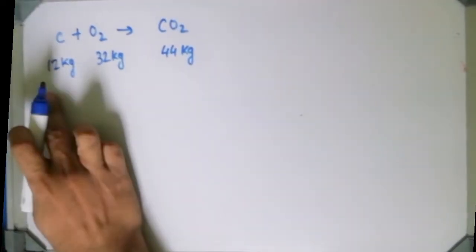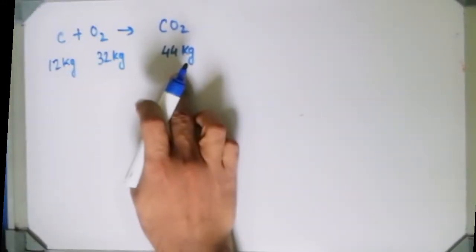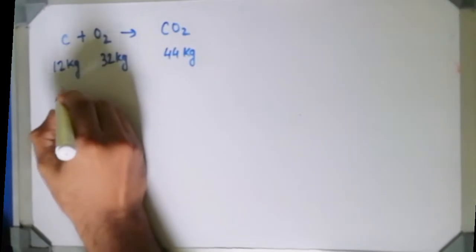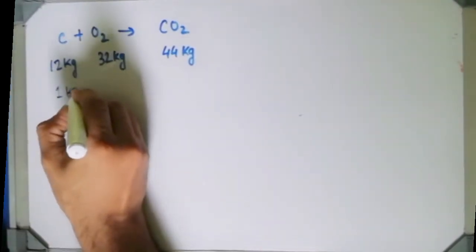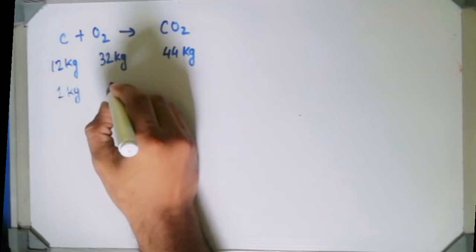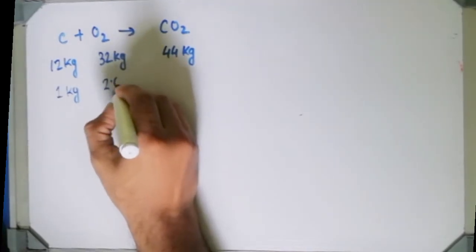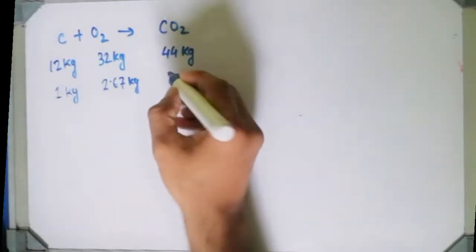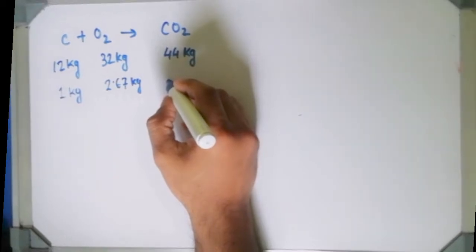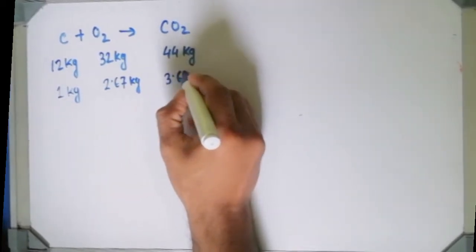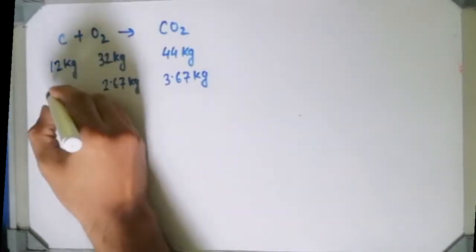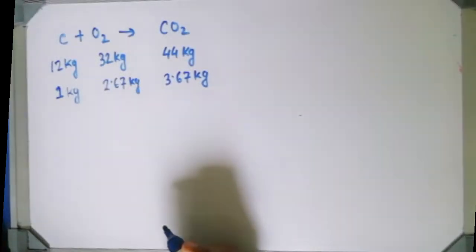So if you burn 12 kg of carbon along with 32 kg of oxygen, it will give you 44 kg of carbon dioxide. So I convert that with respect to unit. So for 1 kg of carbon, oxygen will be 2.67 kg. Use your calculator and check if I am wrong there. And carbon dioxide will be 3.67 kg with respect to 1 kg of carbon.